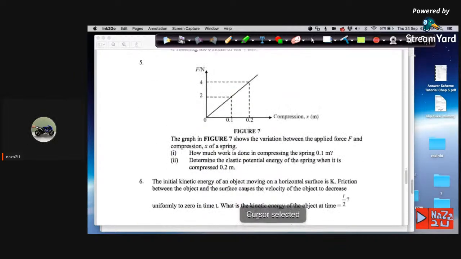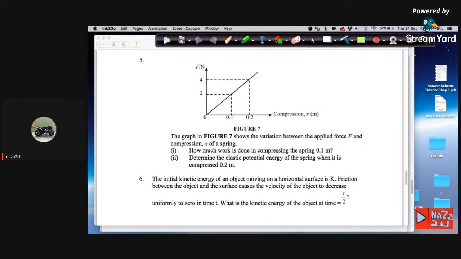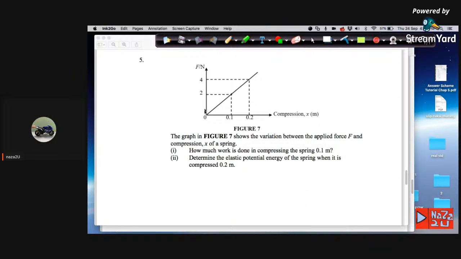Continue to question number 5. Question number 5 here. Okay. So the graph in figure 7 shows the variation of applied force F. We have a graph of force versus compression X of the spring.